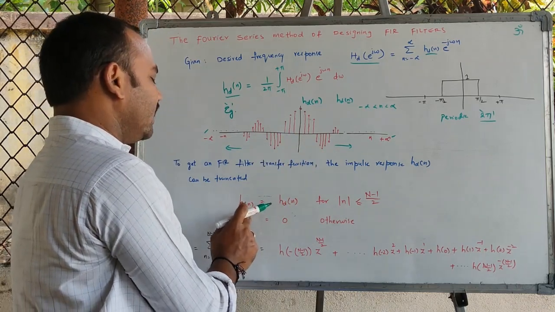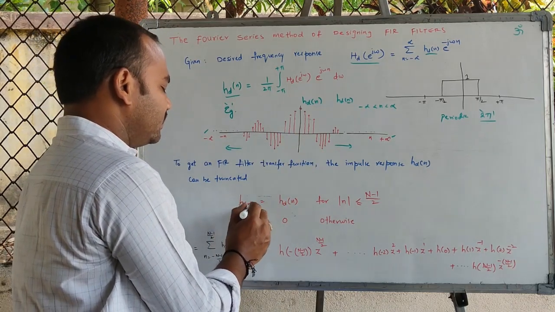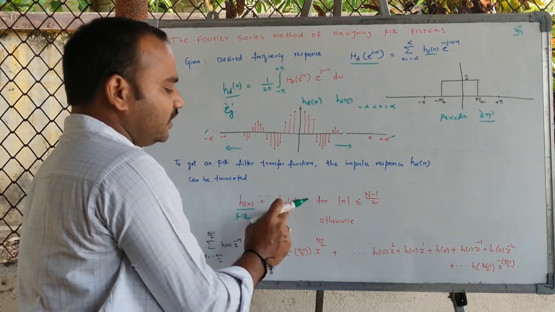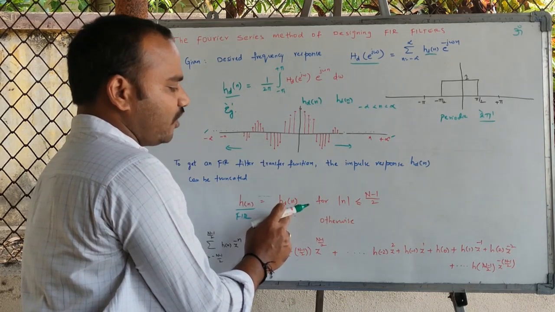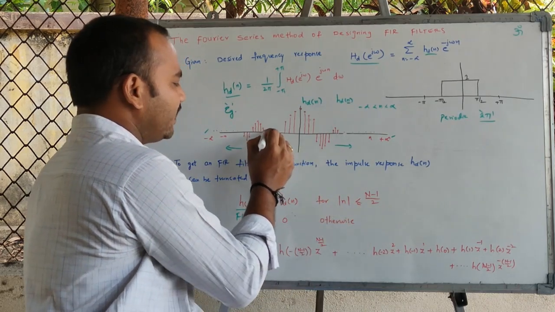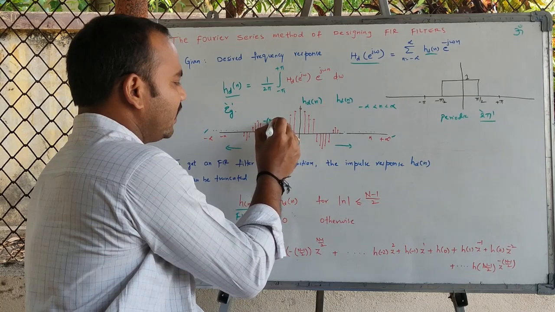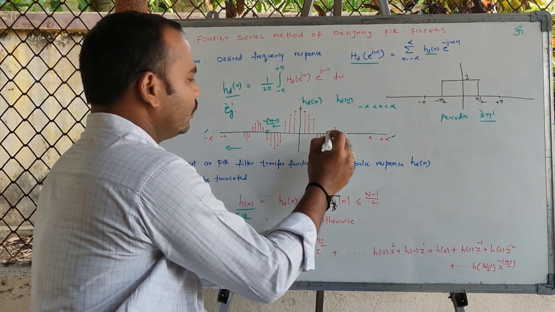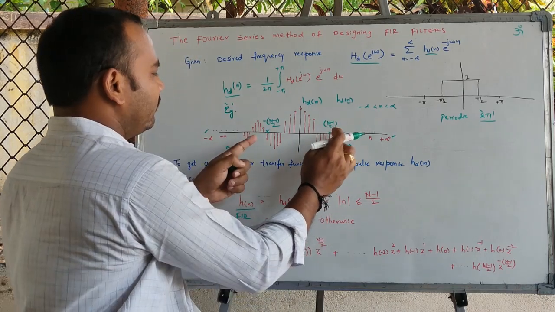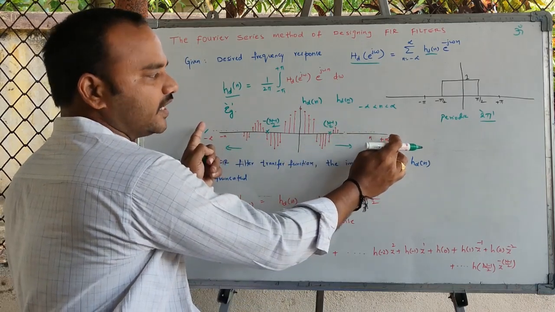That is, h of n, the FIR filter, is equal to the desired impulse response truncated over an interval of minus N minus 1 by 2 to plus N minus 1 by 2. The remaining samples are discarded.